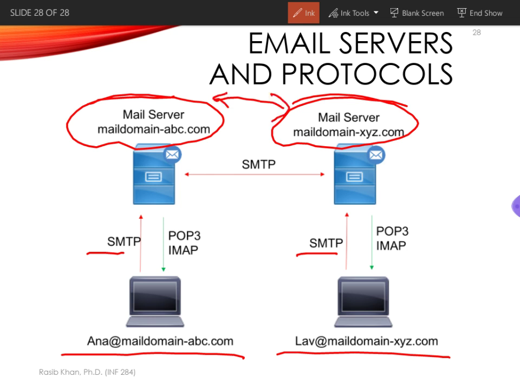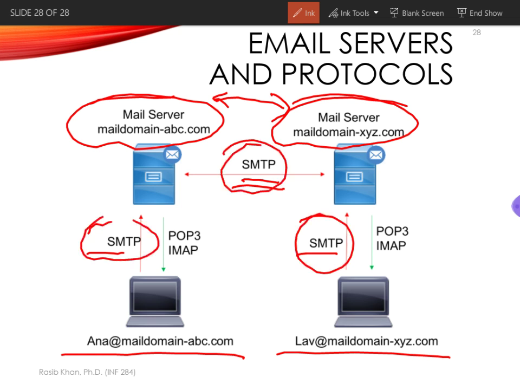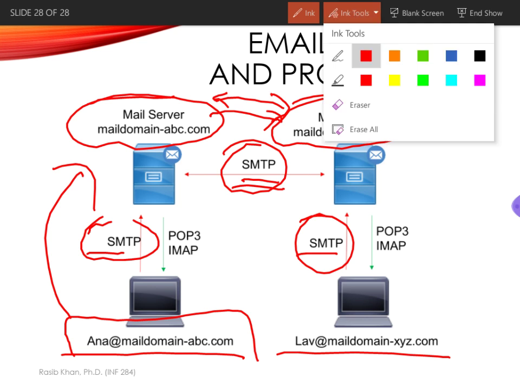The two mail servers in mail domain ABC and mail domain XYZ need to use SMTP to push the emails between these two domains. So SMTP here is being used to send emails from the user to the mail server, and also to push or forward the email from one mail server to another.